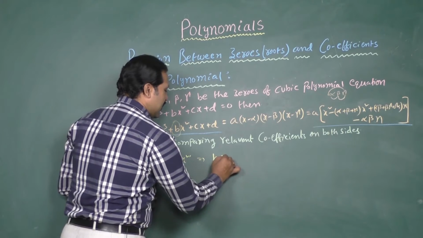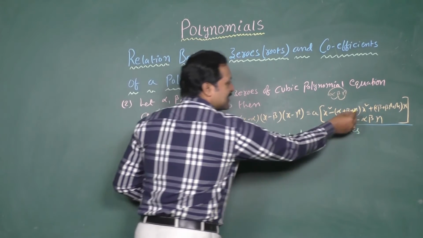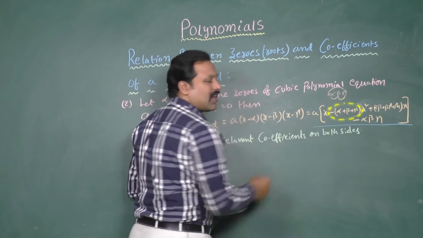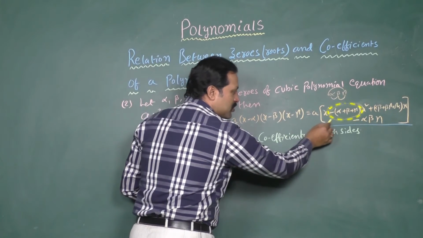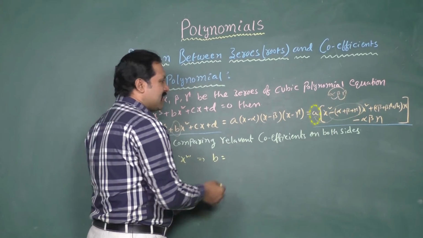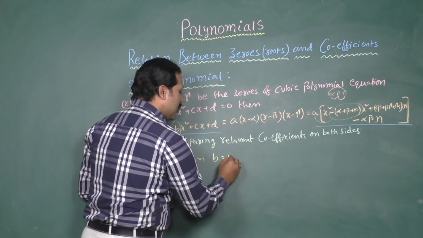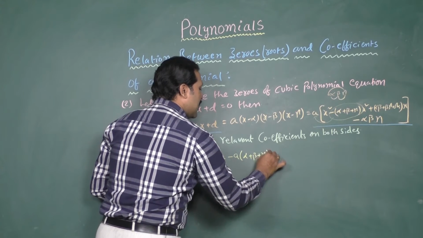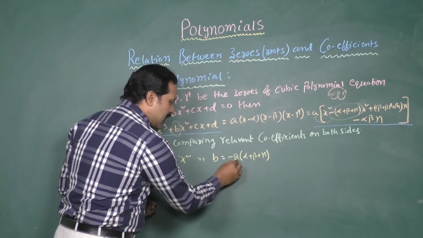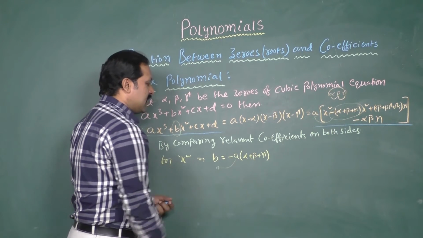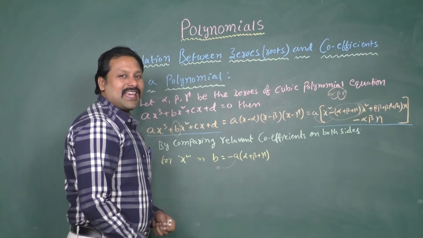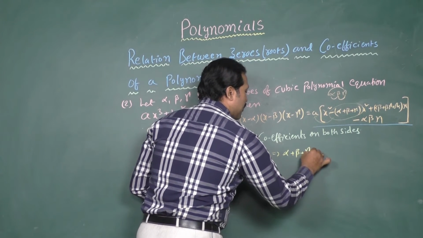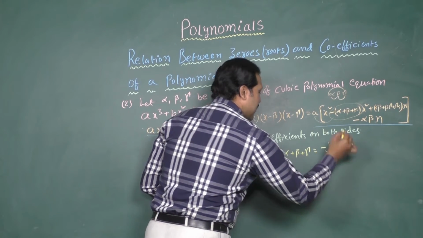So b equal to, in the right hand side, x square coefficient is minus times of (alpha plus beta plus gamma), and also it is multiplied with a. That's why x square coefficient is minus a times of (alpha plus beta plus gamma). If you transfer a to the left hand side, you get minus b by a. So that implies alpha plus beta plus gamma gives minus b by a.